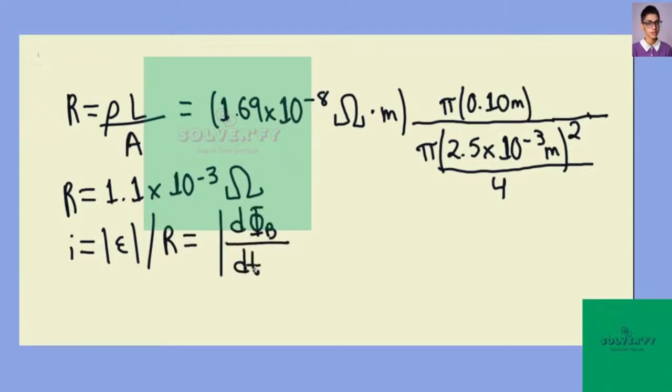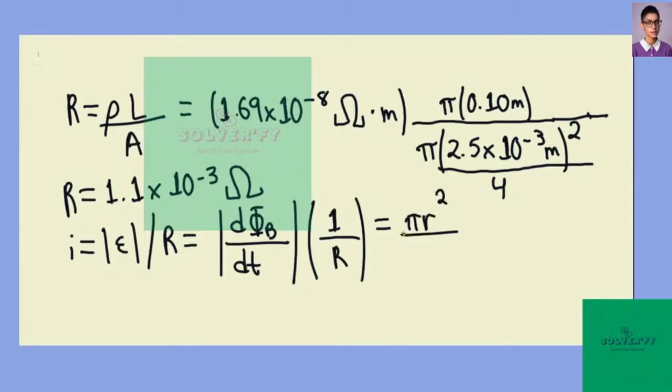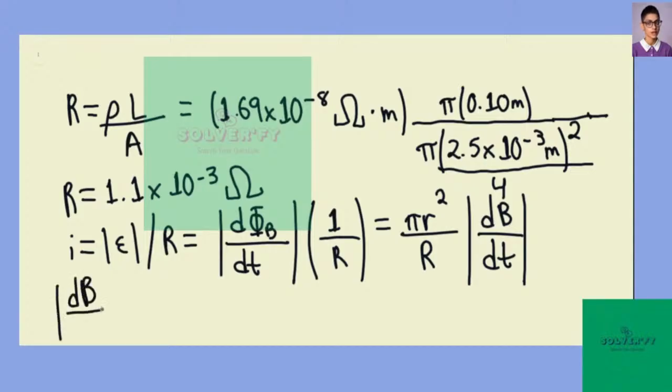From here we get the temperature, and then this would be essentially multiplied by 1 over R. And so this is going to be equal to I R squared over R multiplied by the absolute value of the change in the magnetic field with respect to time. And so this also with the absolute value of the change in magnitude of the magnetic field with respect to time.